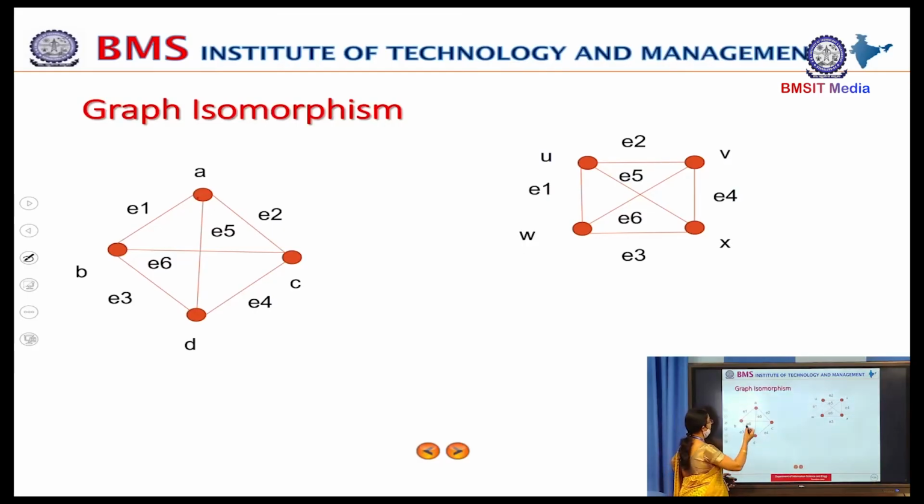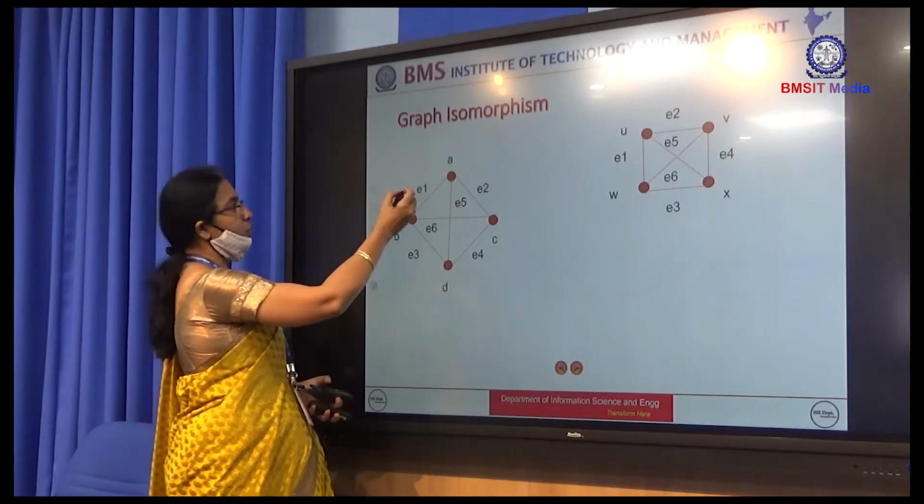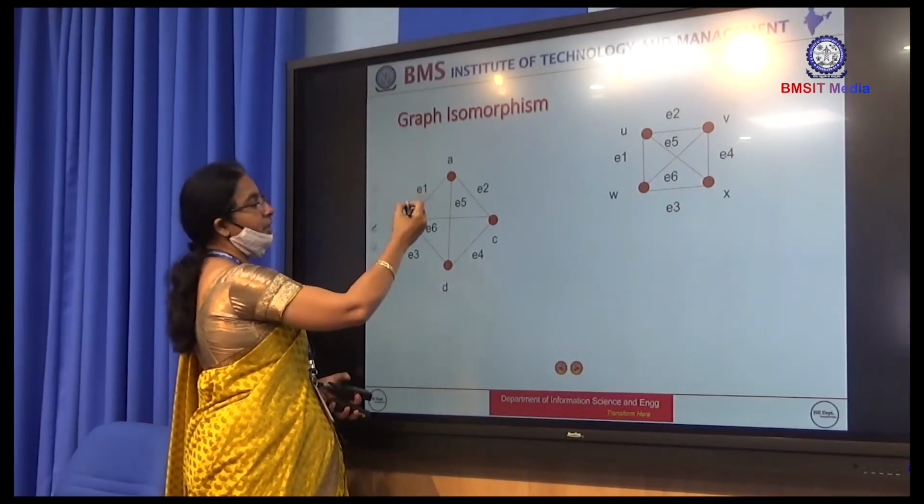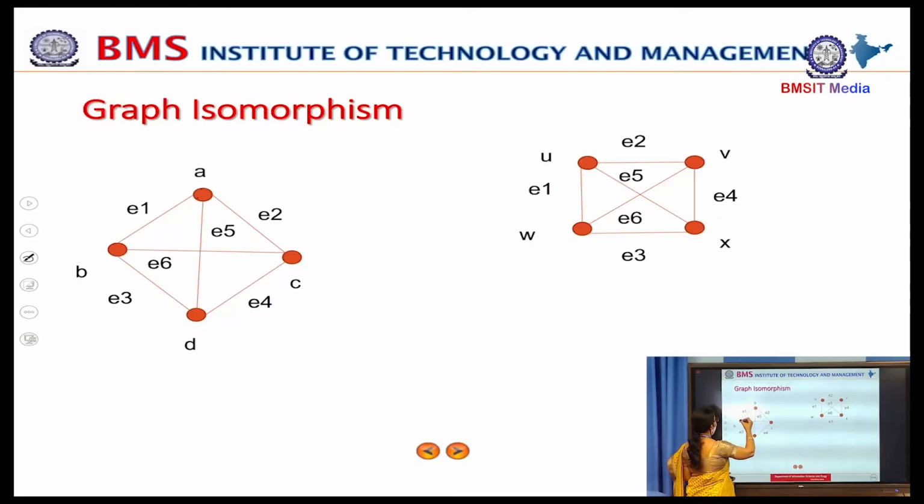So here if I consider vertex A and map it to vertex V, because E1 is an edge between A and B, right.